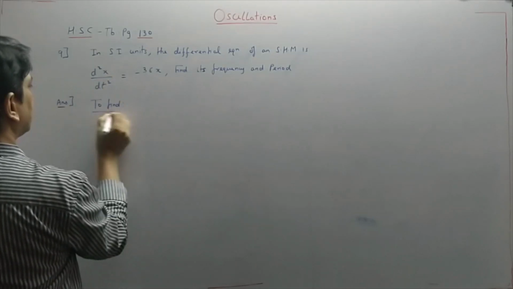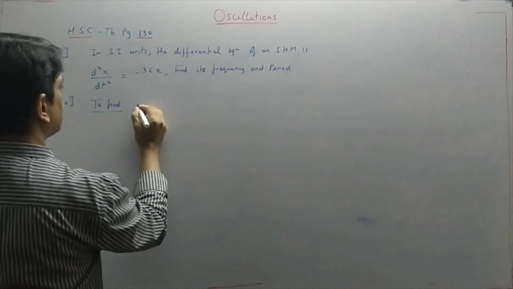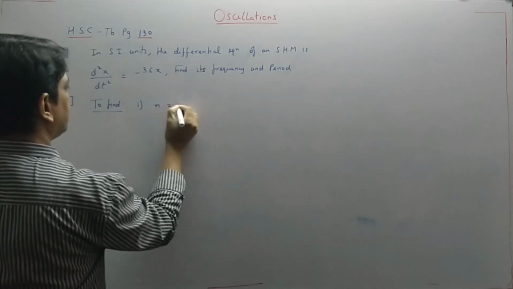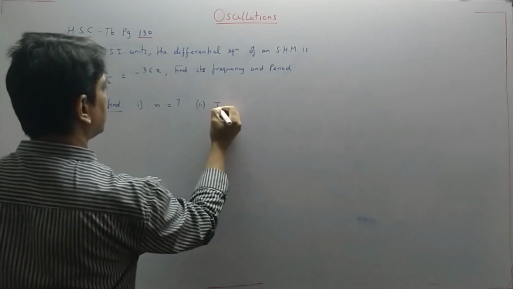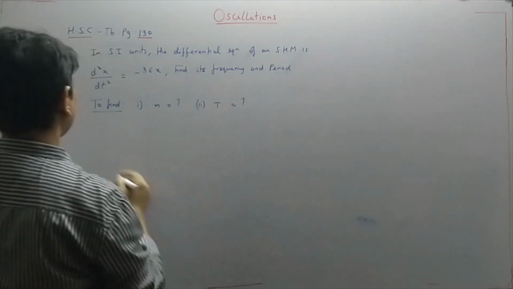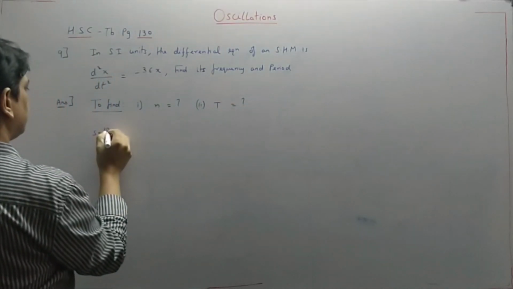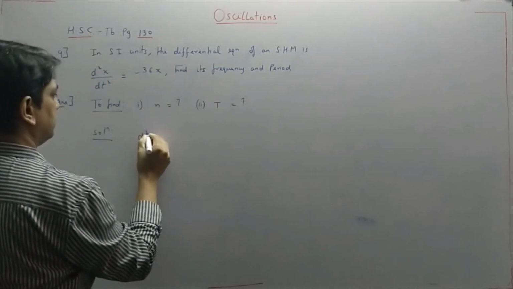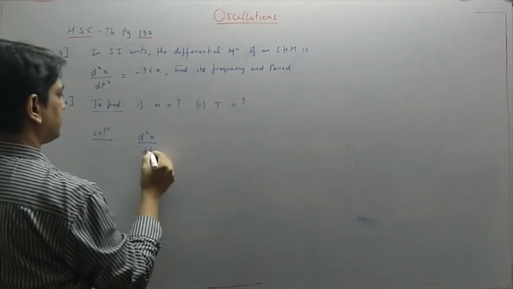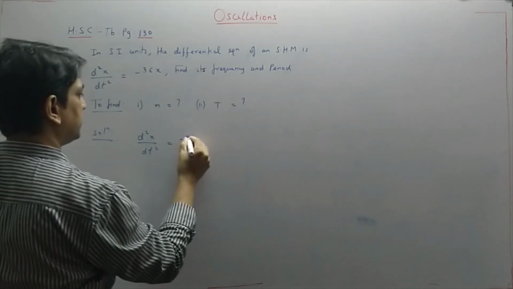We can write: to find its frequency, that is n, and to find its time period T. Solution: given is d square x by dt square is minus 36x.